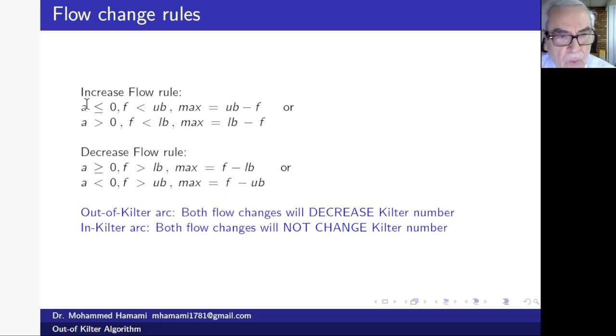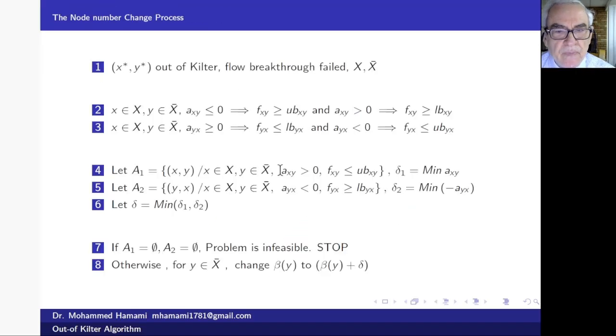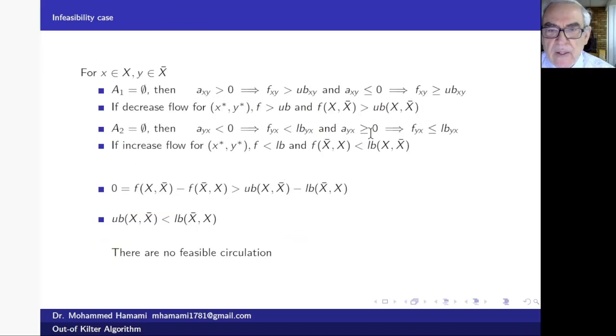That means that when a is less than or equal to 0, f must have been greater than or equal to the upper bound. So in any case, the sum of the flows between x and x bar is greater than or equal to the sum of the maximum capacities of those arcs.